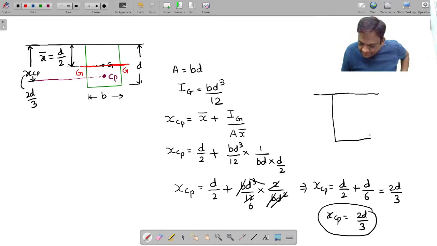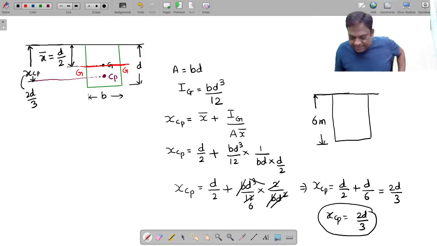If this is a rectangle, let us assume that its depth is 6 meter and all distances are measured from the free surface. So where will be the center of pressure?